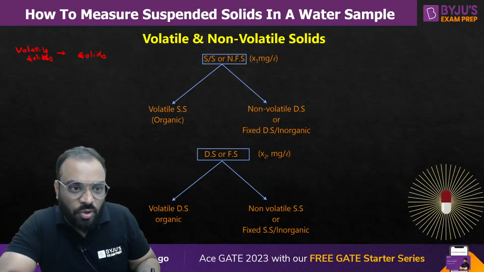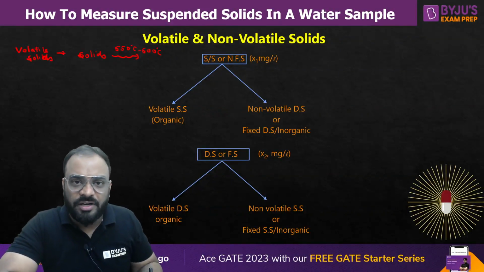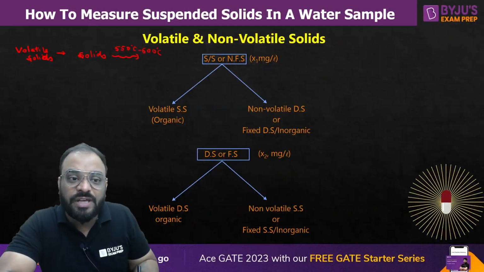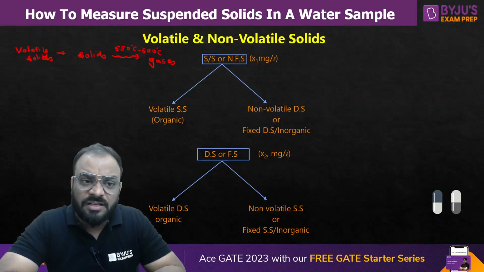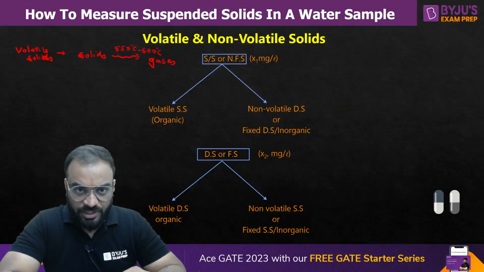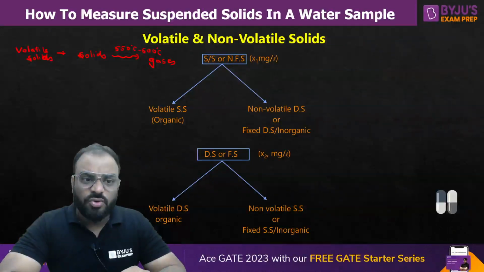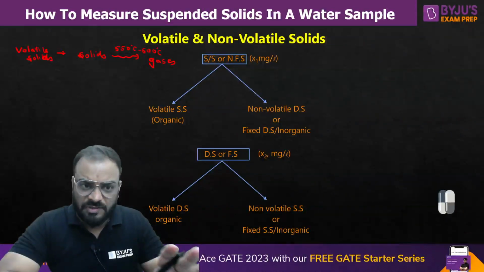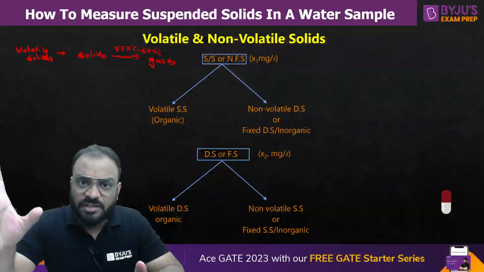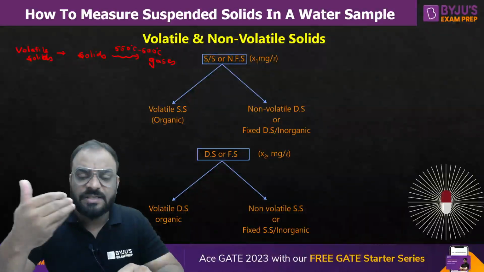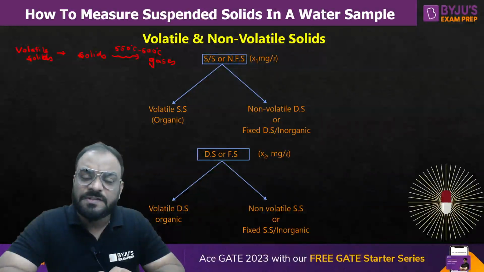If you put these solids at a particular temperature, like 550 to 600 degrees centigrade, then these solids may get converted into gases, right? Then these are basically volatile solids, which are not fixed. You can use the word non-fixed solids also. So these solids may get converted into gaseous form if you increase the temperature to 550 to 600 degrees centigrade.